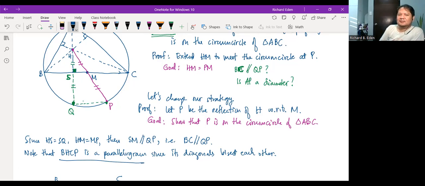Wait. Actually, yun na. BHCP is a parallelogram, right? So therefore, what can be said about BH and CP? They are congruent. Ayun. So that's it. CP equals BH, but BH equals BQ. So therefore, BQ and CP are equal.